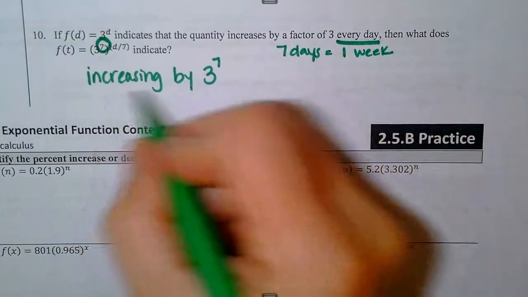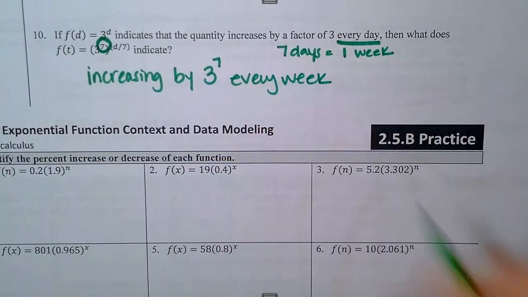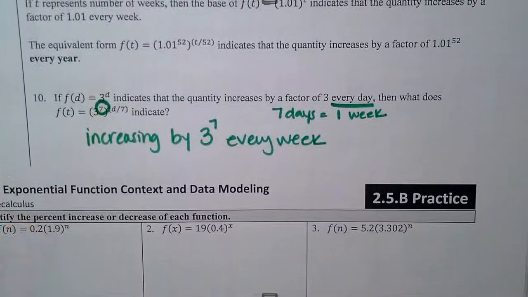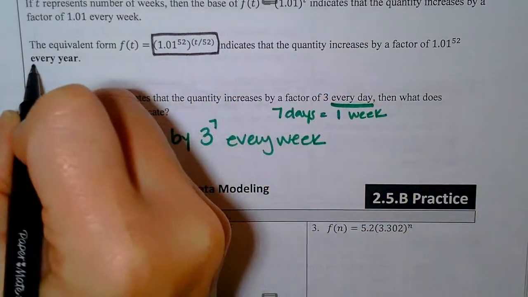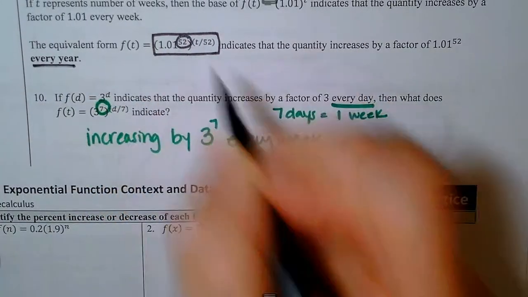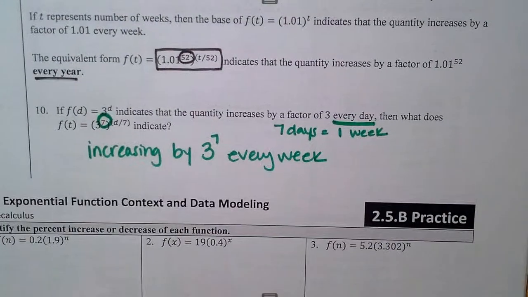So then it's increasing by 3 to the 7th every week. So if you look at this one up here, if they gave me every year in 52, what does that mean? Weeks. 52 weeks, yep.